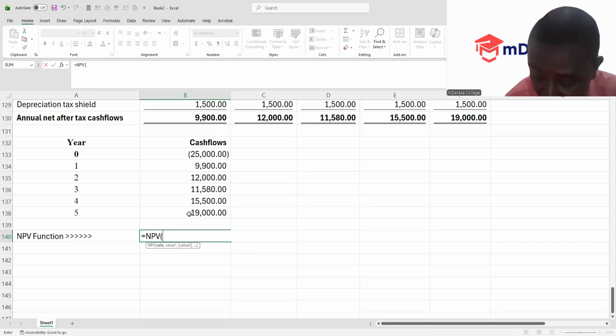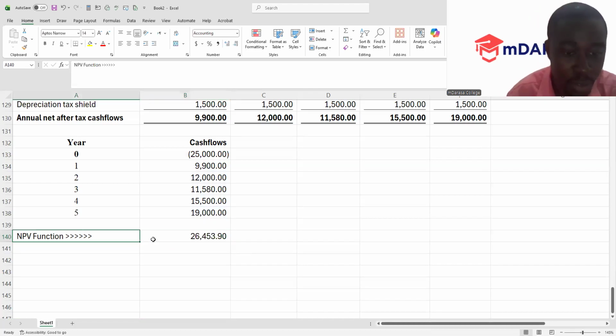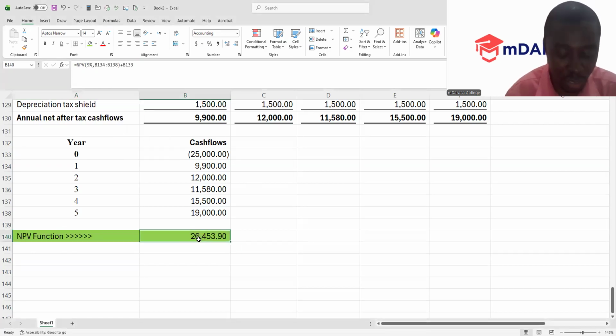Where we have rate, which is 9%, comma, we take our values, then we less our initial outlay. So if there is a change in our cash flows for year 3, which is decreasing by 20%, this will be our NPV.